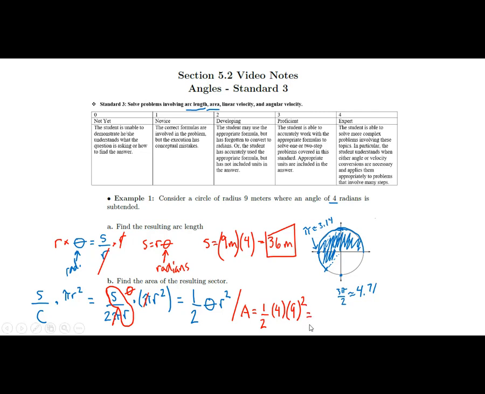That gives me an area of 162. Let's understand what our units are here. The 9, which I forgot to write in here, is in meters, so when I square that, I get square meters, which we know are the units for area.